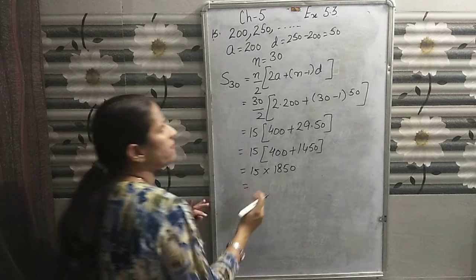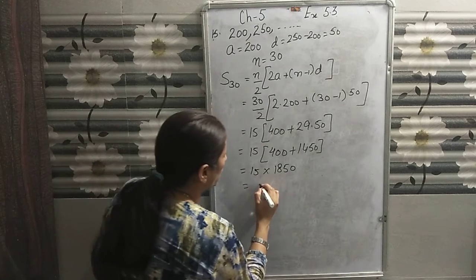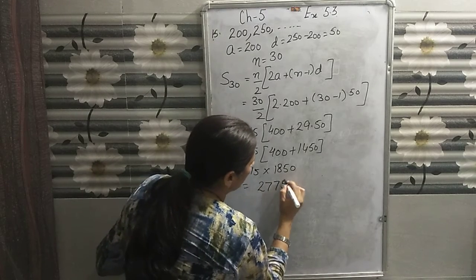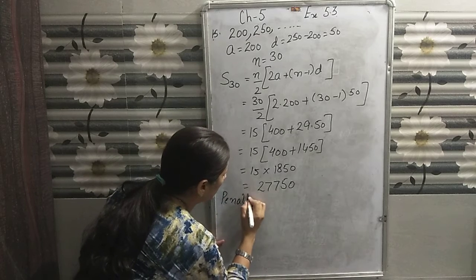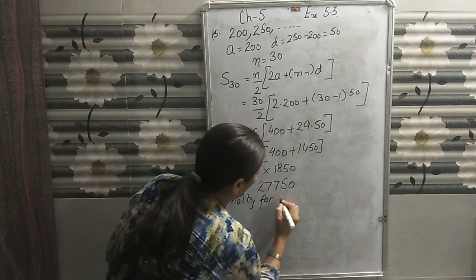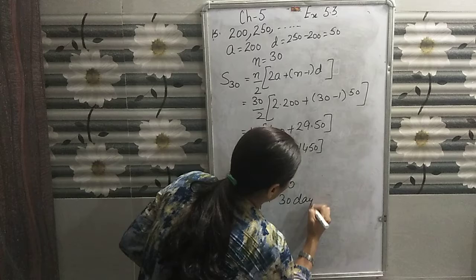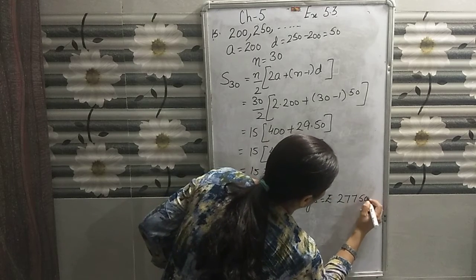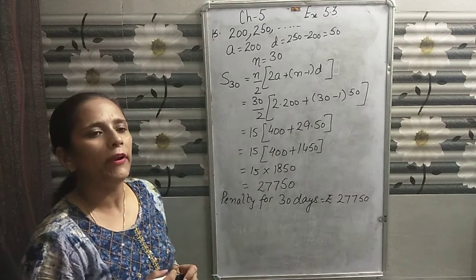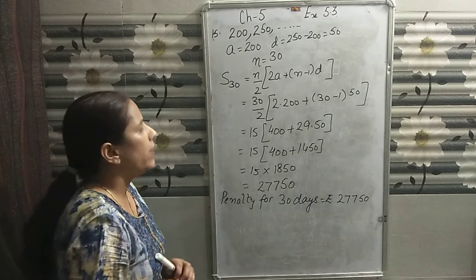So when I multiply 15 with 1850, I will get 27750. So the penalty for 30 days will be 27,750. So this is your answer.